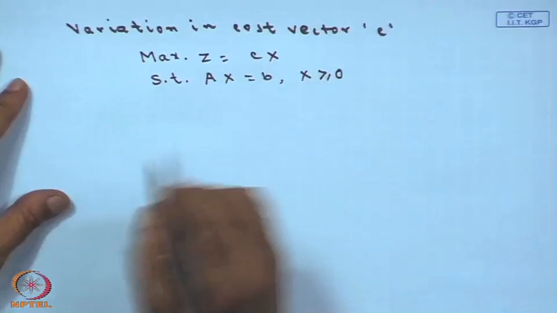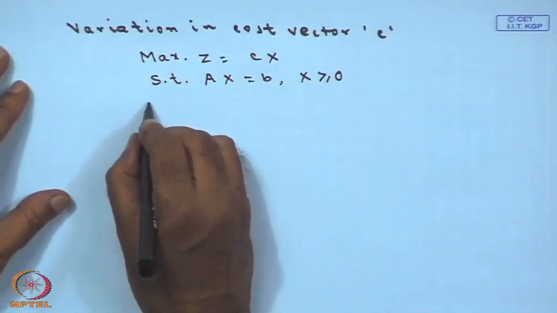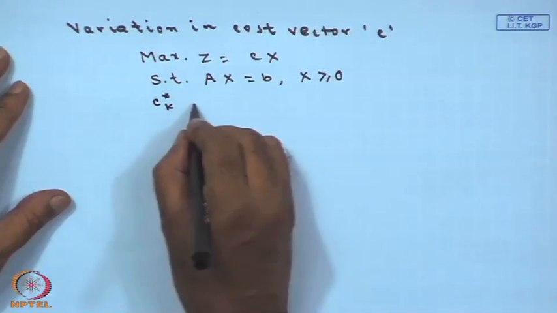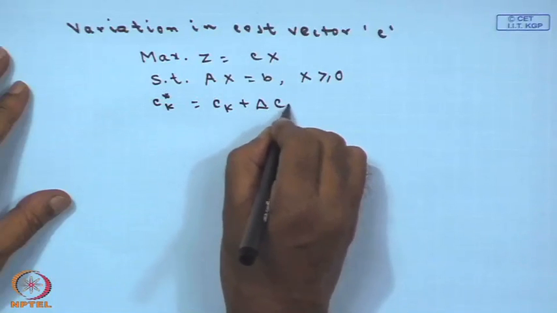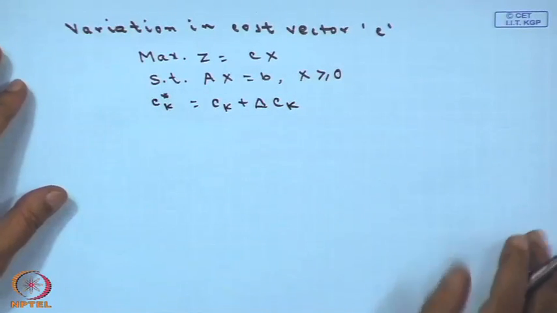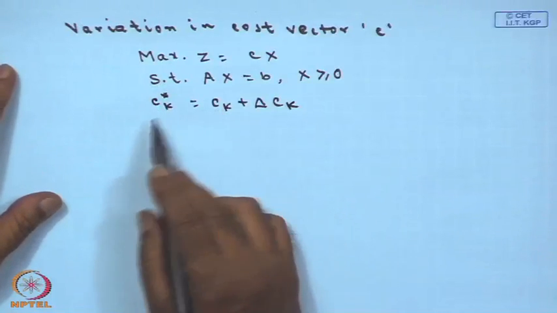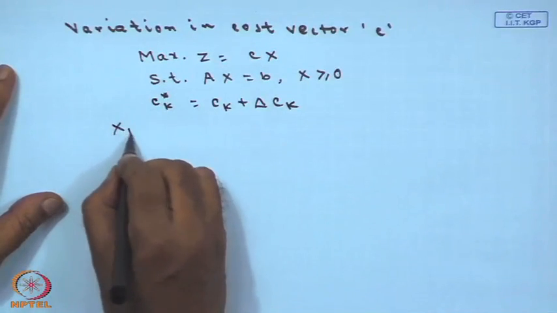Suppose C is changed, say Ck is changed to Ck plus delta Ck. So one cost coefficient Ck is changed to Ck plus delta Ck. What is your basic solution?